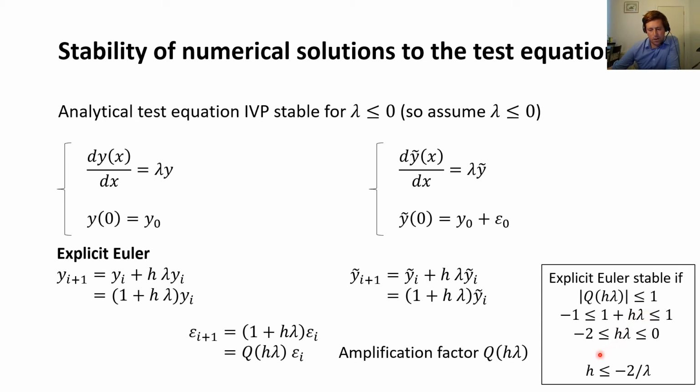We should only take into account the inequality on the left-hand side, and what remains is a condition on h: h should be smaller than or equal to -2 divided by lambda, where lambda is a negative number, so this is a positive number, which gives us an upper bound for the h that we can choose in order to have a stable numerical solution.